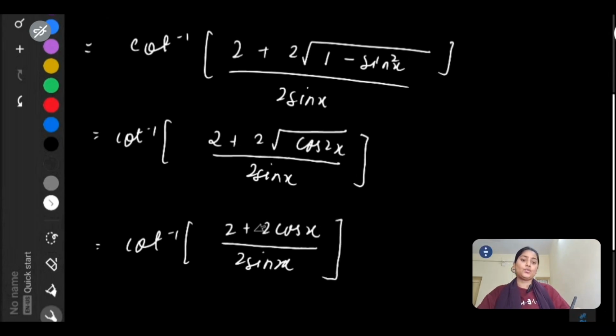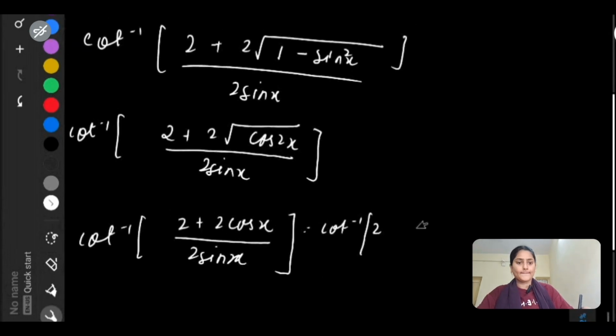Now we'll take 2 common from numerator and denominator as well. So we'll get cot inverse of 2 into 1 plus cos of x divided by 2 sine of x.